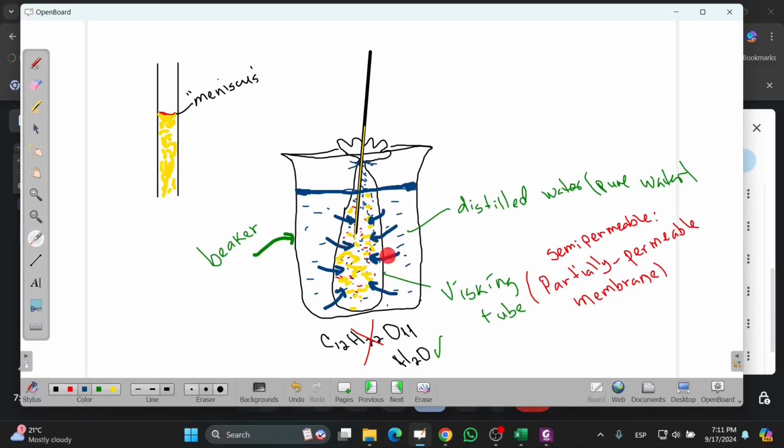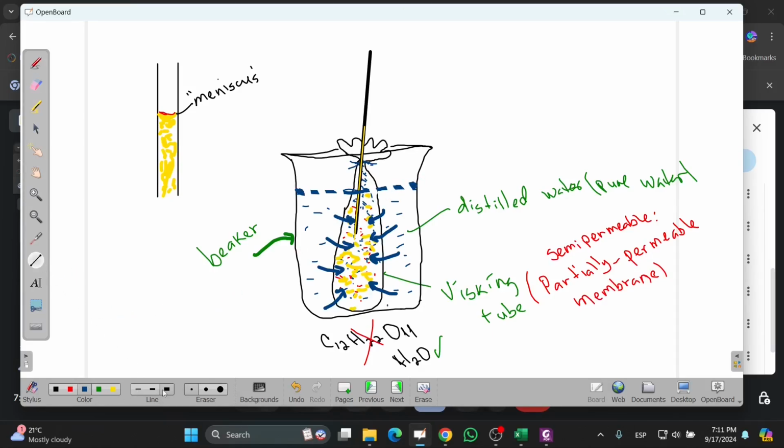So yes, this is what will happen here. If we have this setup, water molecules will be moving into the Visking tube. And therefore, 2 hours later, this level of water would have decreased. So let's say it's no longer there.